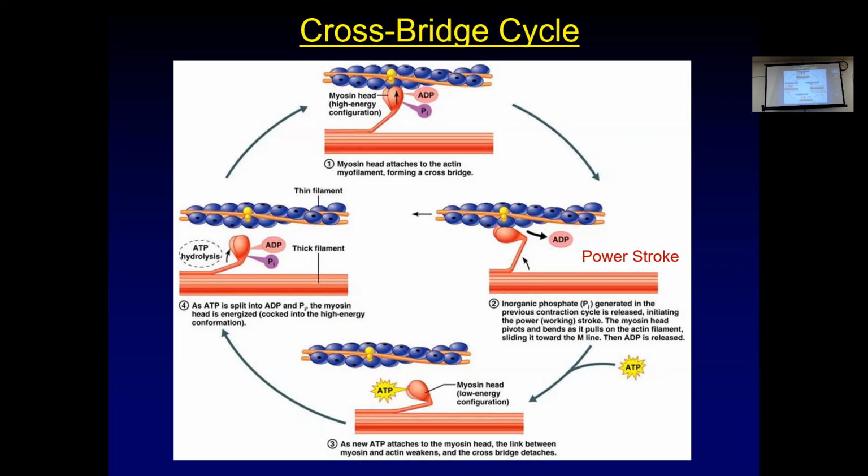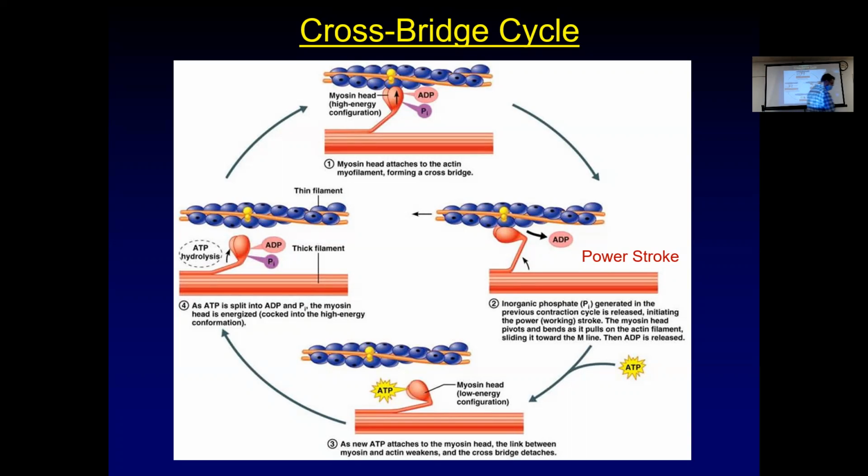So the higher the intensity of exercise, the more power strokes required, therefore the more times we have to break our cross bridges, and consequently the more energy we're going to use. And remember that we use energy used during exercise to quantify intensity of physical activity.